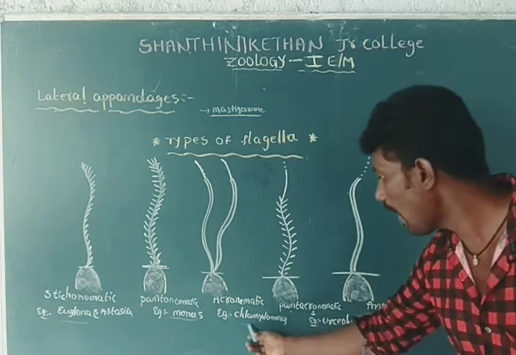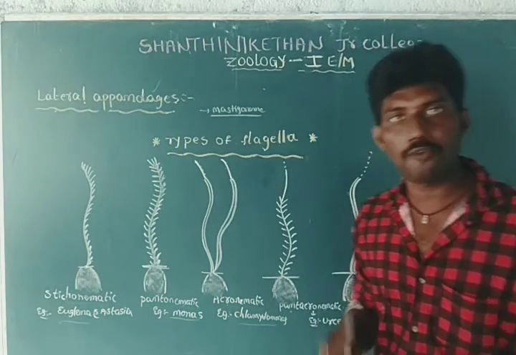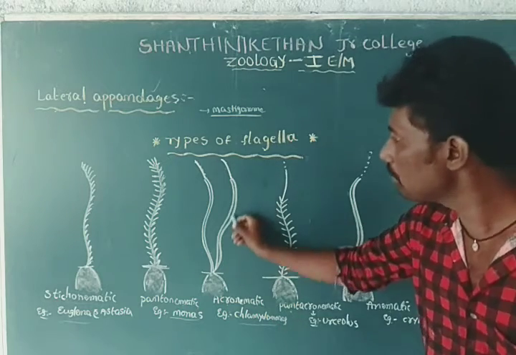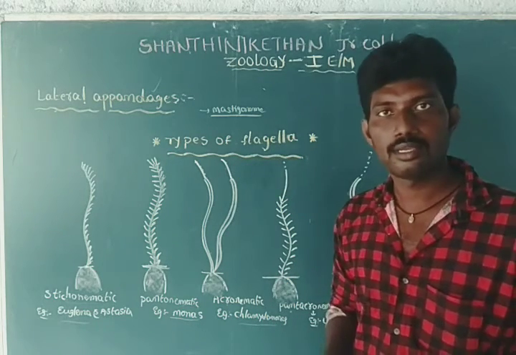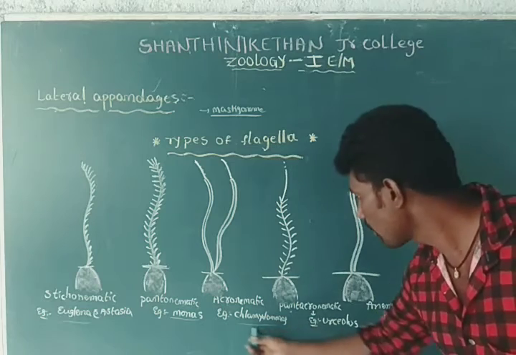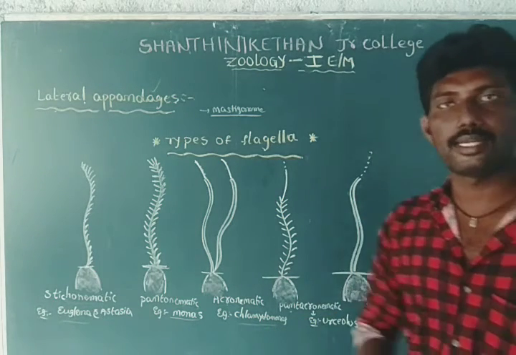The example is Chlamydomonas, whose flagella do not bear lateral appendages and whose terminal filament is naked. This type is acronematic.